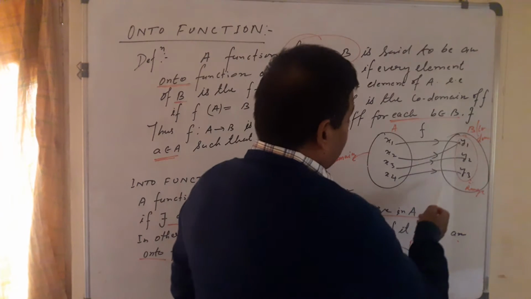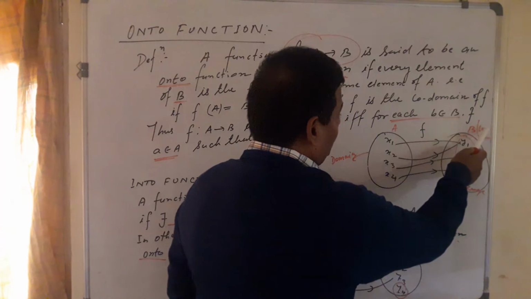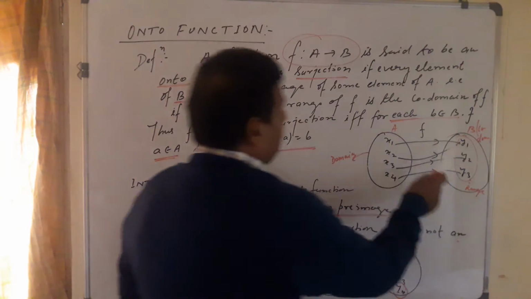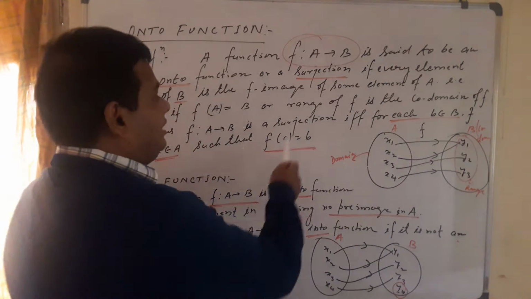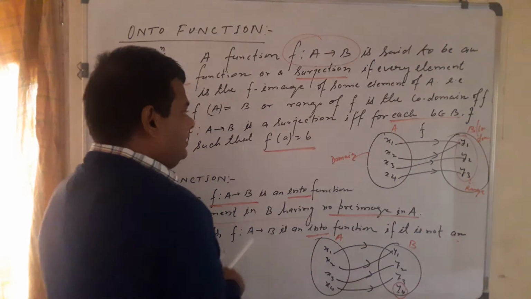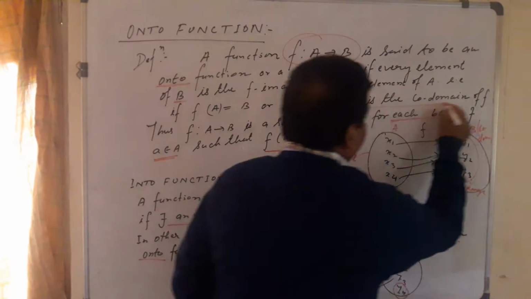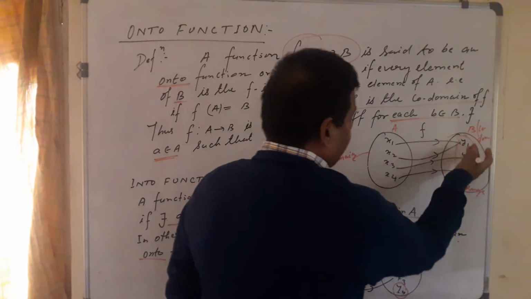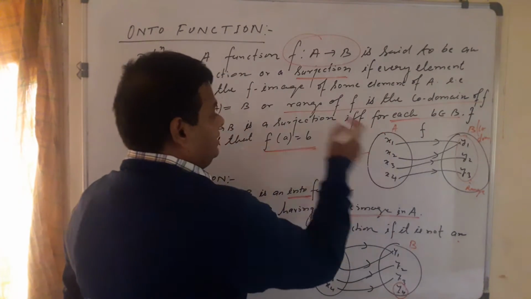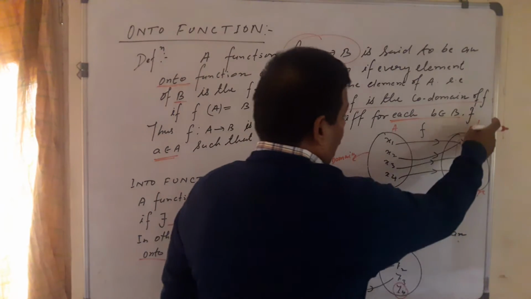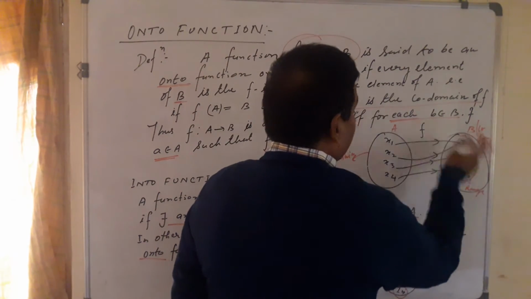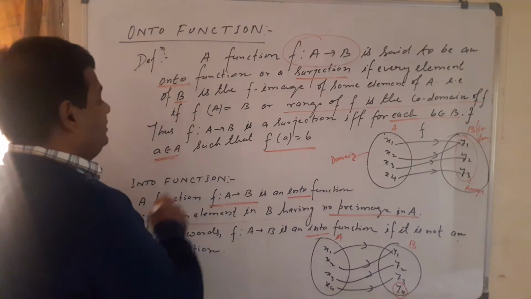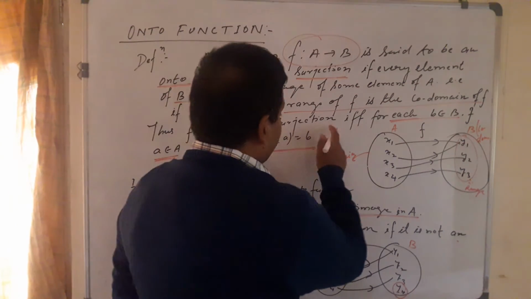So see here, in the onto function, the codomain, set B, is equal to the range of f. That's why the range of f is the codomain, because each and every element of set B has a pre-image in set A. So the codomain is equal to the range of f, such that f(A) equals B. See, f: A to B is a surjection.